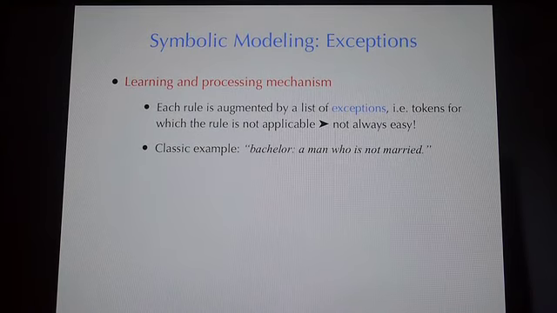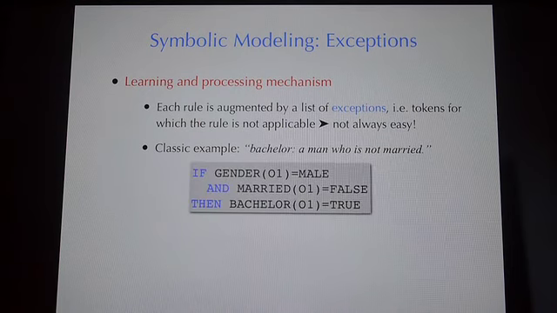This seems like a straightforward solution, but it really is not always very easy. There's a classic example for this phenomenon, and that's the definition of the word bachelor in English. Bachelor in English means a man who is not married. And if you think about it, it is not very difficult to define a rule that defines what object belongs to the category bachelor. So it will look something like this.